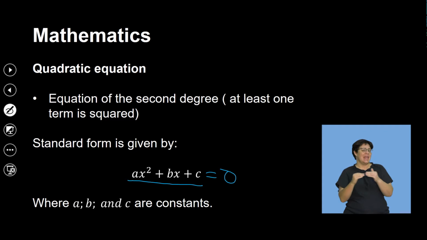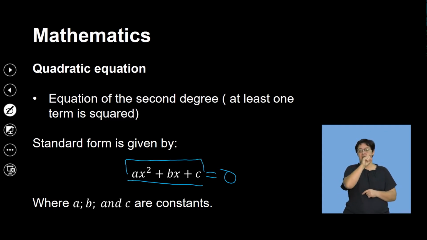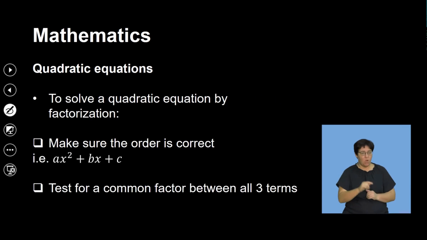The a, the b, and the c are constants. The a and the b we normally call coefficients, and c is the actual constant, like any number for that matter. Even 0 can be the c, but the a and the b are called coefficients because they are in front of a variable.